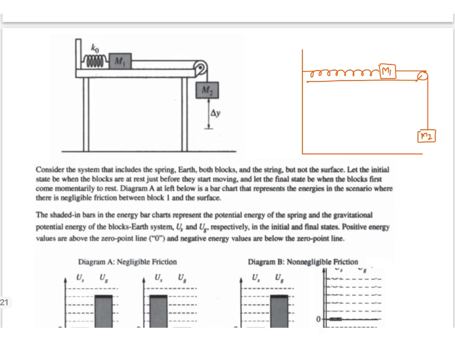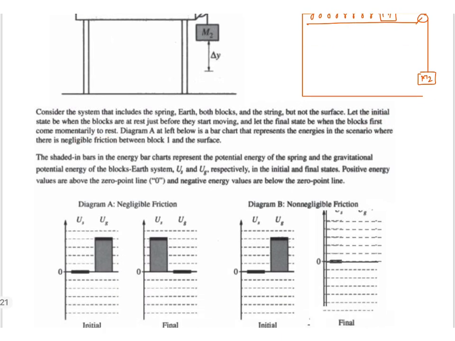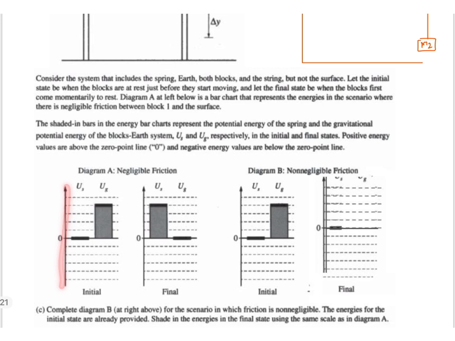Okay, so our system consists of a spring, earth, and both the blocks, but they have excluded the surface. And initially, blocks are at rest, and in the final state also, the block comes to rest. So these are diagrams which represent energies of our system.